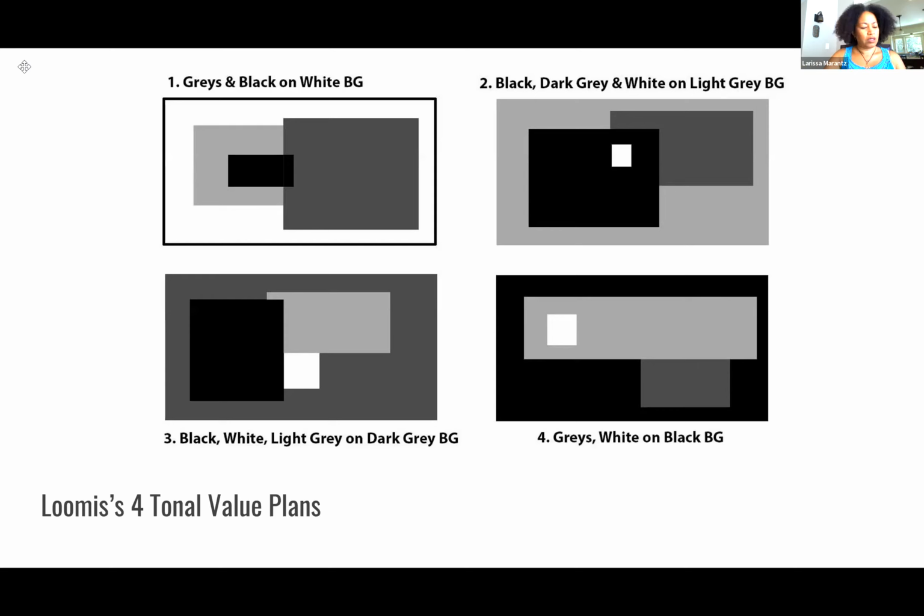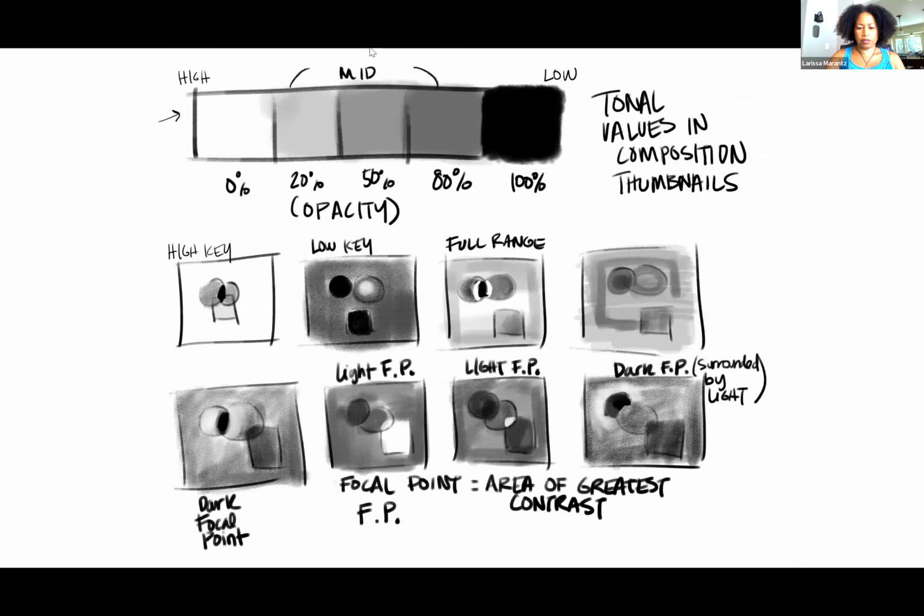Okay. So this is a way of arranging your lights and darks. This is where we're talking about the focal point. The focal point in your illustration is going to be your main character, which is your center of interest.